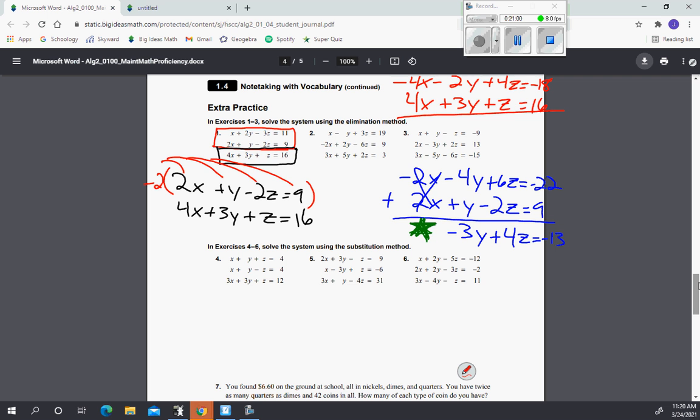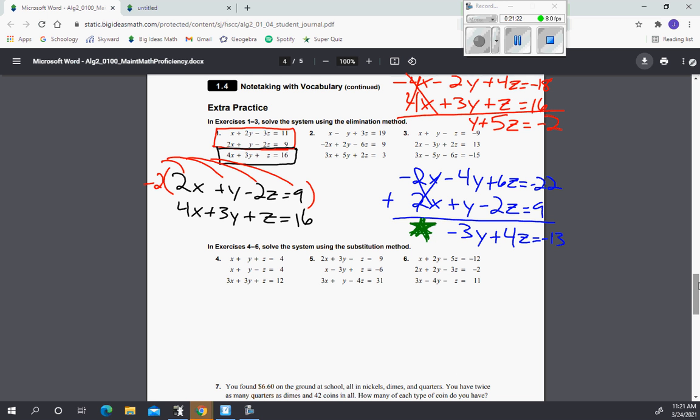Add those together. Those cancel out. Negative 2 plus 3 is just 1y. And then 4z plus z is 5z equals negative 18 plus 16, negative 2.